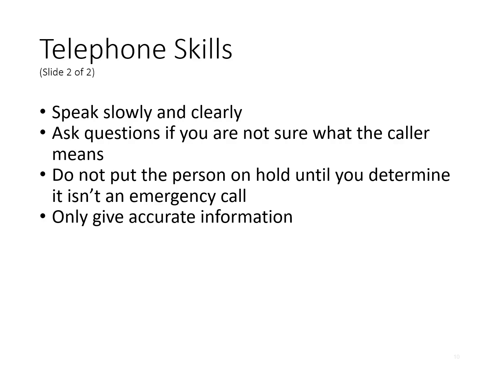So make sure you're speaking slowly and clearly. Make sure you ask questions if you're not sure what the caller means. Sometimes people call the lab and they don't really have the right words to ask what they want, so it's difficult to interpret what they're actually wanting. So ask questions and try to figure out what they actually need.